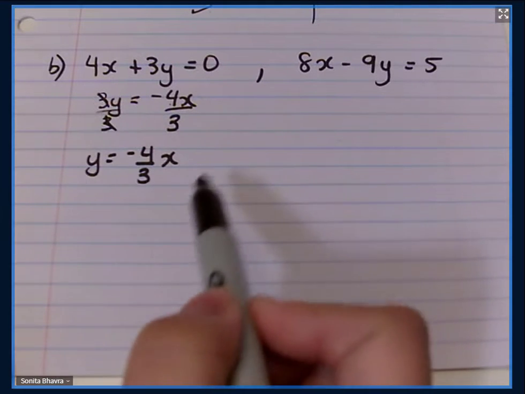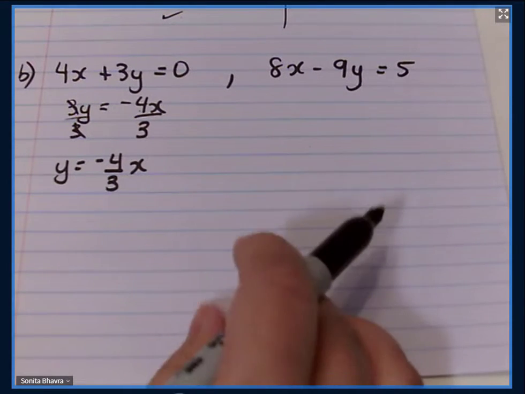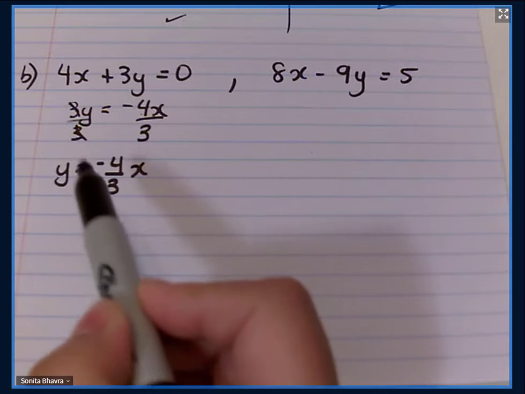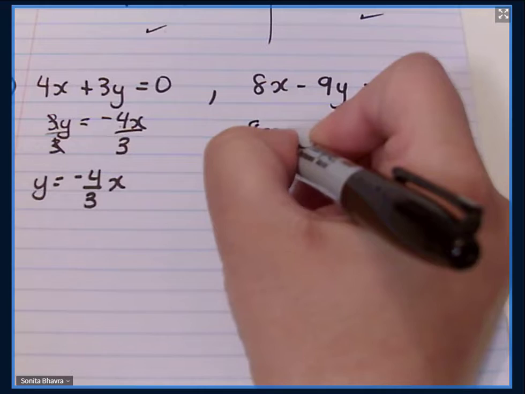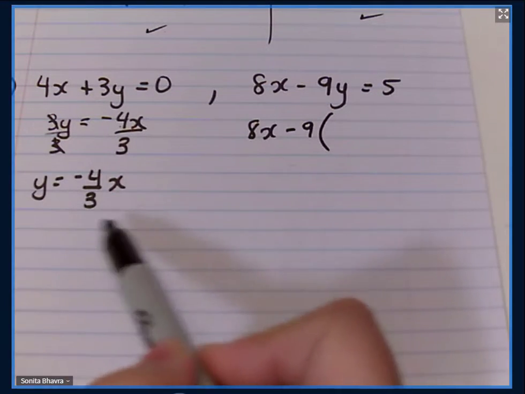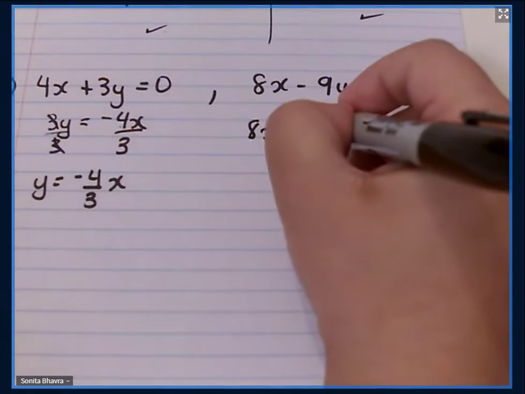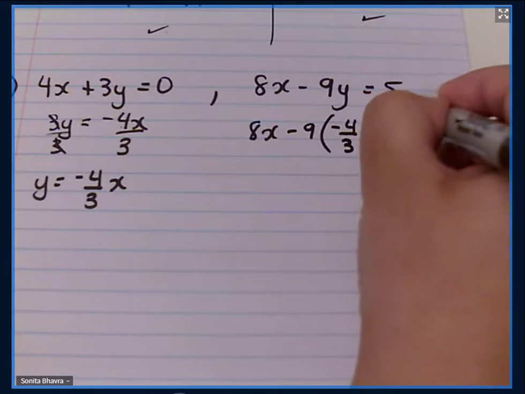We're going to take this equation now and substitute it into the second equation wherever we see y. So here we will end up with 8x minus 9, and here we have our y, so we substitute the negative 4 over 3 x, and it's equal to 5.